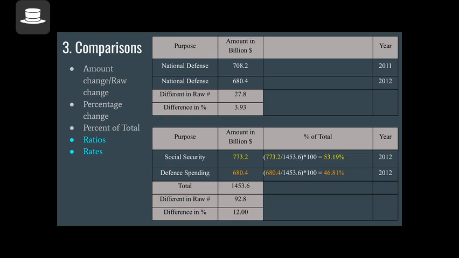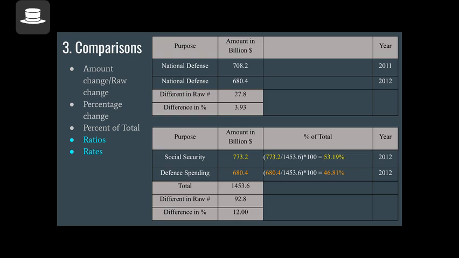Now the difference in percentage is pretty much the same as we did before, right? You take the highest number, subtract the other from the highest number, and then you calculate the percentage for the highest number.